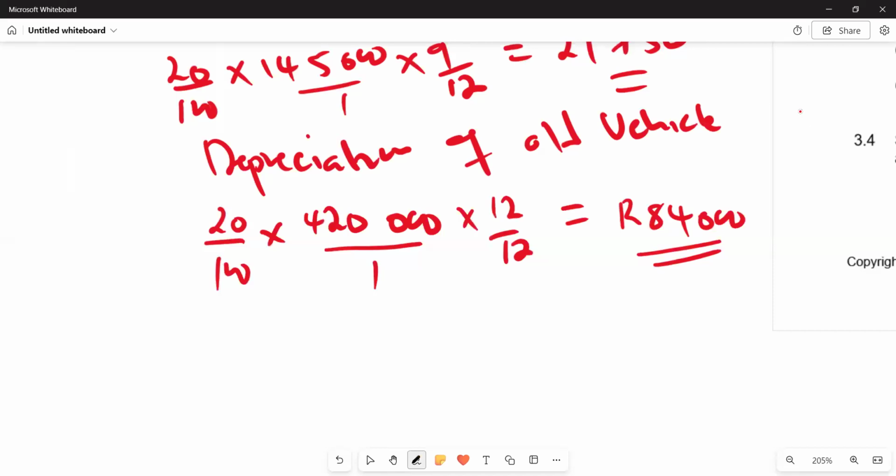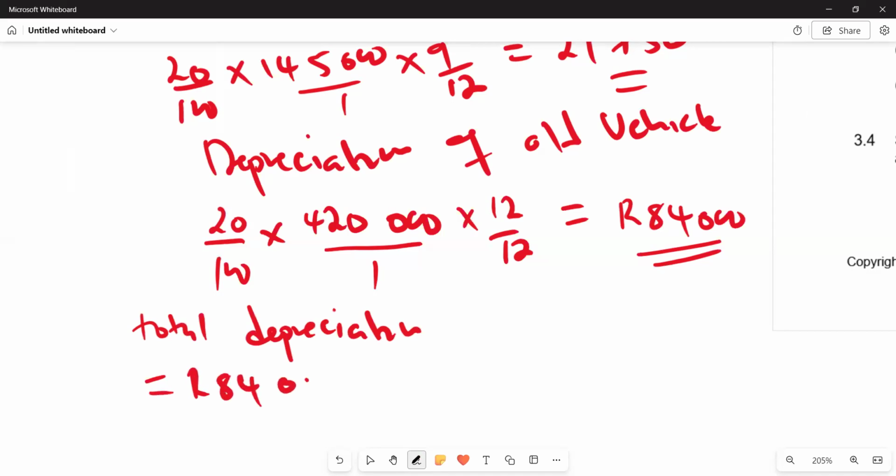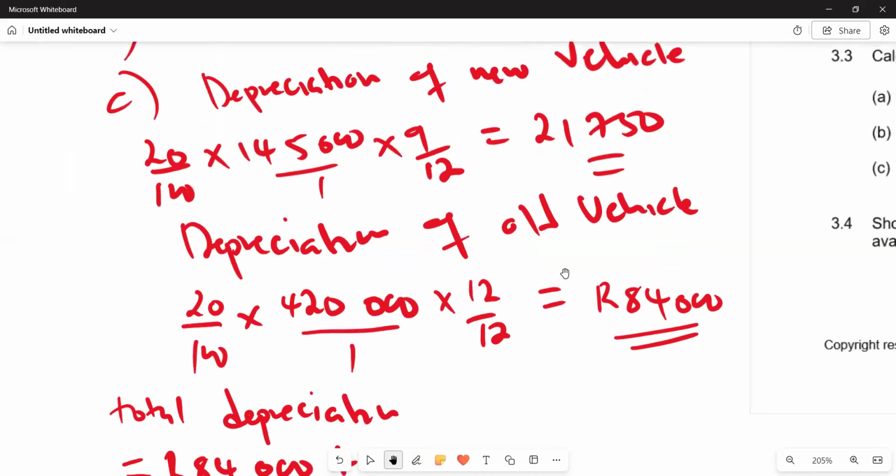So total depreciation for the year now. Total depreciation for the vehicles, we are now saying the 84,000 that we got there, and then we add the one for the new vehicle, which we have here as 21,750.